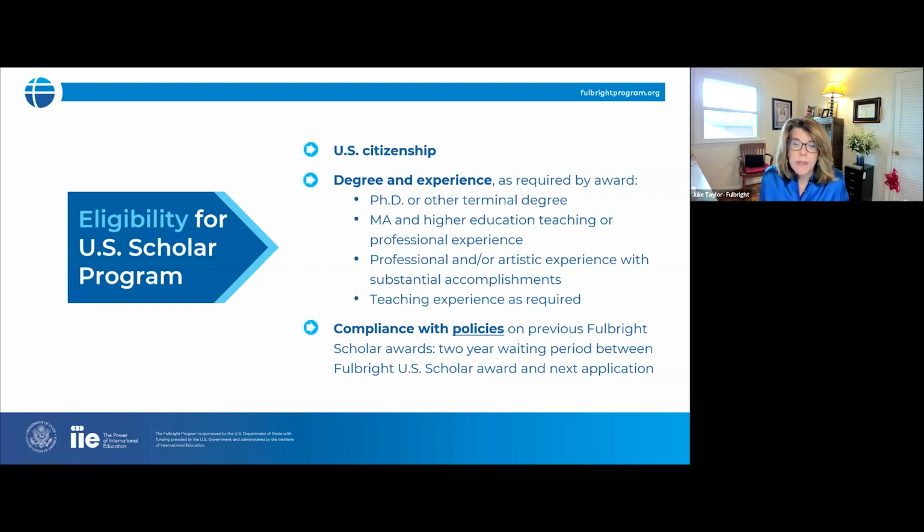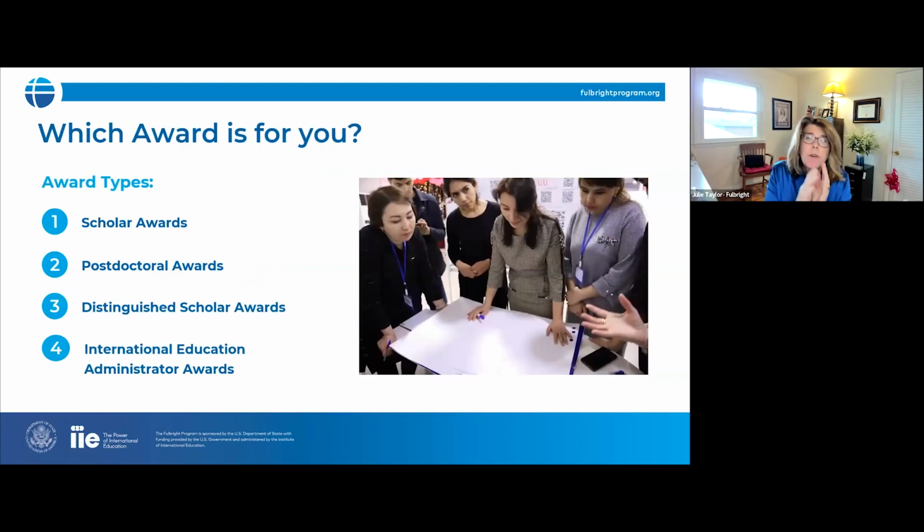There's compliance with policies on previous Fulbright Scholar Awards. So there's a 2-year waiting period between a Fulbright US Scholar Award and your next application. So you have to wait 2 years for that. But people have Fulbright Awards throughout their career.